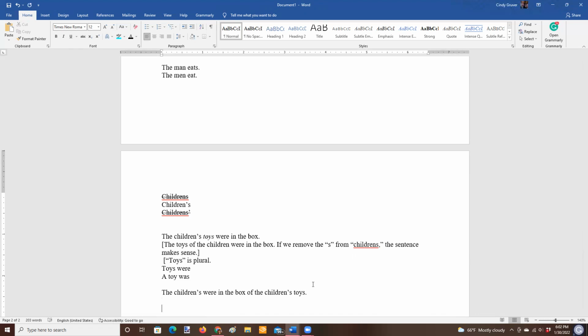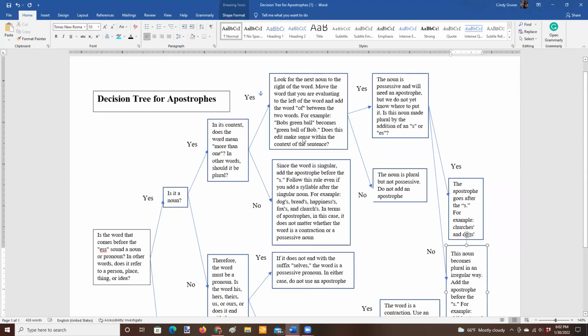Let's try doing it this way. The box of the children's toys were in the box. Gosh, that doesn't make any sense. So it doesn't look like we can do this. However we flip around words, we're not going to end up with something that makes any sense.